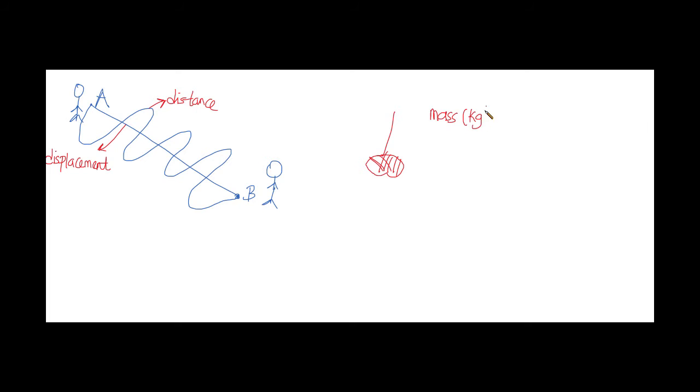And the new term, because force of gravity is acting on it, we're not putting that condition. If force of gravity is acting on this, because force of gravity is always acting on it, when we now consider that condition, we produce a new vector quantity, and that will be weight, and this is measured in newtons.